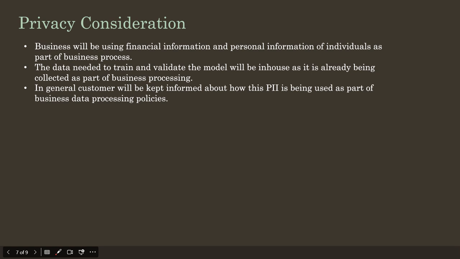So the data needed to train and validate the model will be in-house, because the business already has this data on a month-to-month basis based on the services which they are offering to the customer. So it's already available with the business as part of the current process itself. So for building this model, we can use this data for training the model.